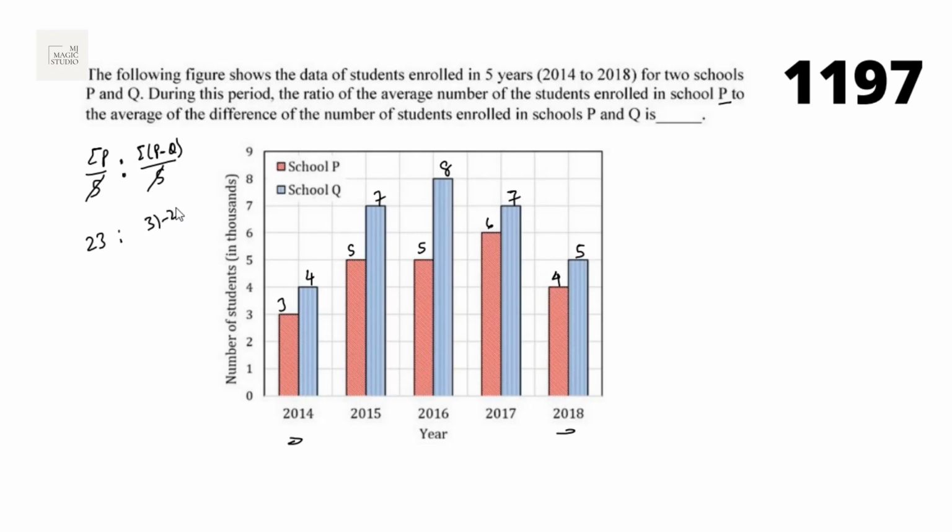So 31 minus 23 would be 8. So the answer is 23 is to 8. Type in the answer. We'll type in 23 is to 8.